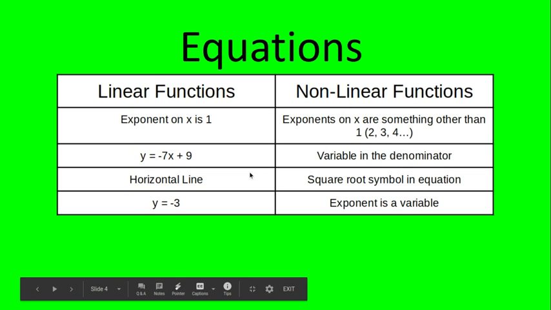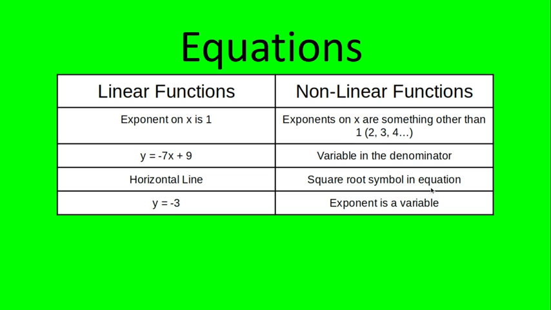So here's a table showing us what makes a function linear and what makes it nonlinear. On linear functions, your exponent on x or whatever the variable might be is going to be 1, or there really won't be anything written there. That's how we know it's a 1. So for example, y equals -7x plus 9.